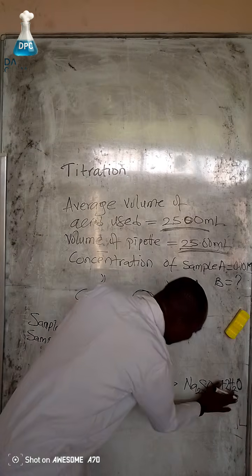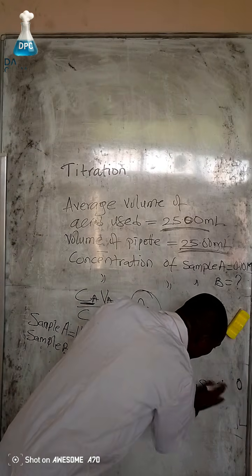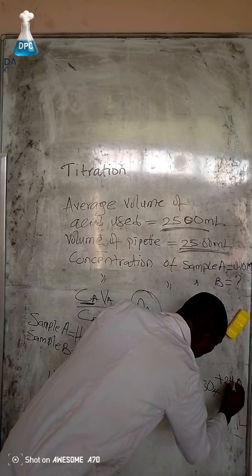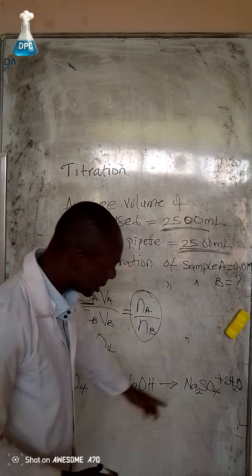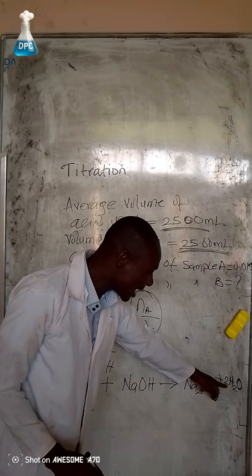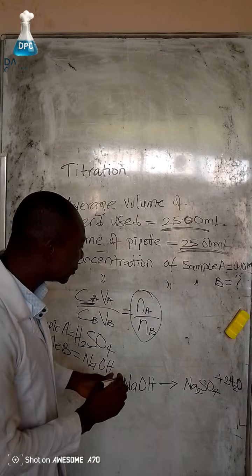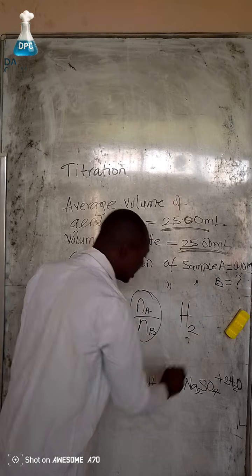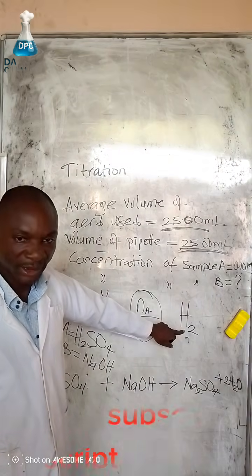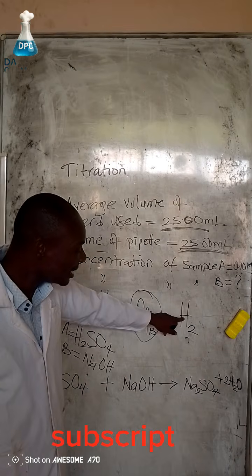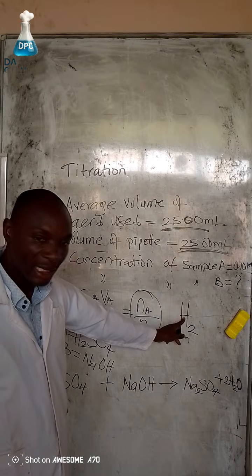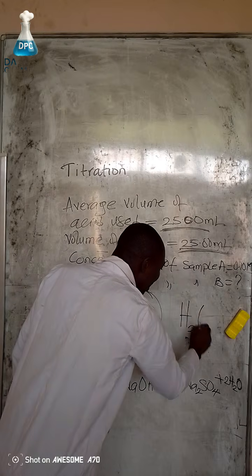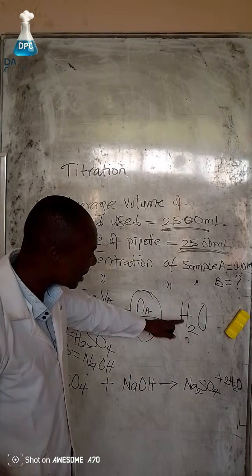I add 2 here. Let me write it very clearly. Now, 2 here makes 4 hydrogen. Also take note, please, that when you have a number like this, it is a subscript, and it affects only that element.